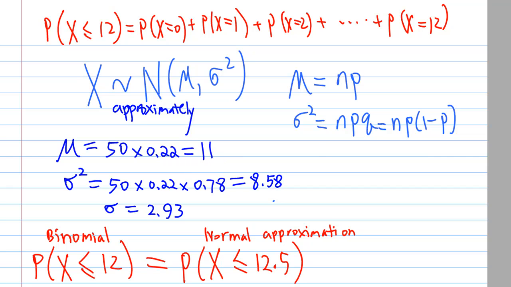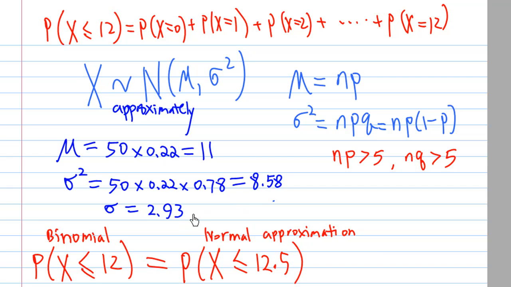So we notice that n times p is greater than 5, and n times q is also greater than 5 as well. So we can use the normal to approximate the binomial distribution. And we find that sigma squared equals 8.58, so sigma equals 2.93.